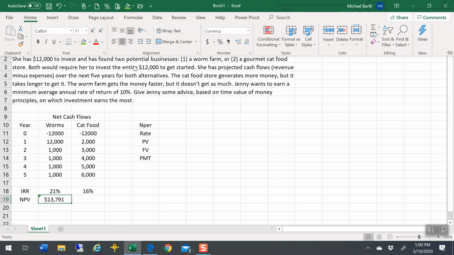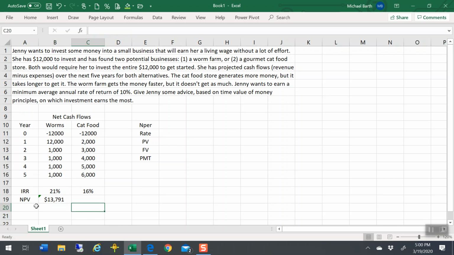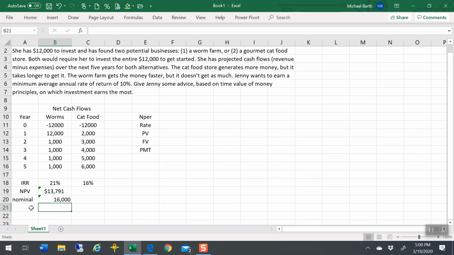So her investment of $12,000 she would trade today in exchange for cash flows that have a nominal value of $16,000 and a present value of $13,791.